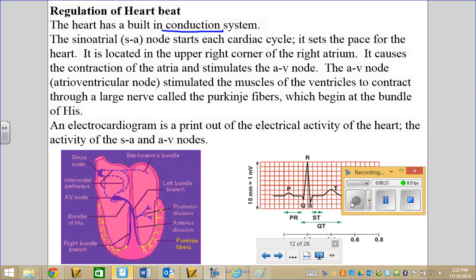When we're talking about conduction, we are talking about electrical activity. And so we are literally saying that there are things in your heart that conduct electricity, and these electrical signals are the thing that regulates your heartbeat.